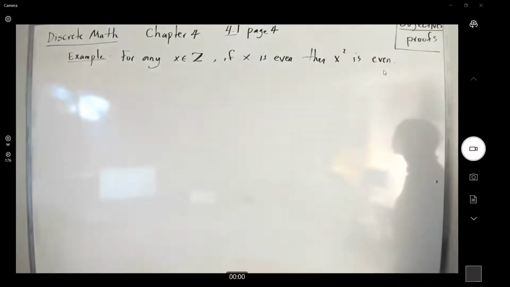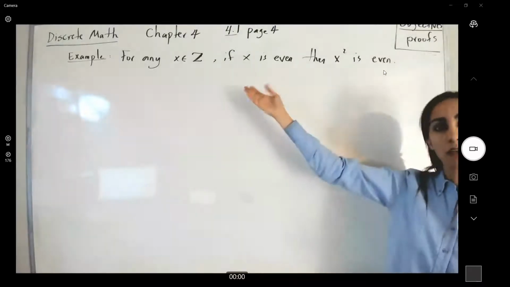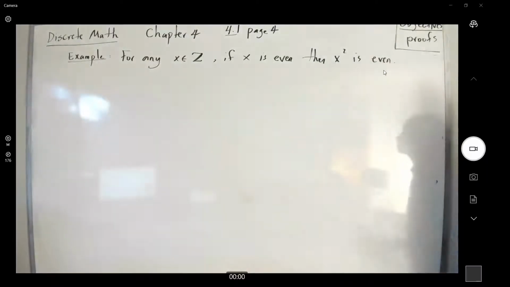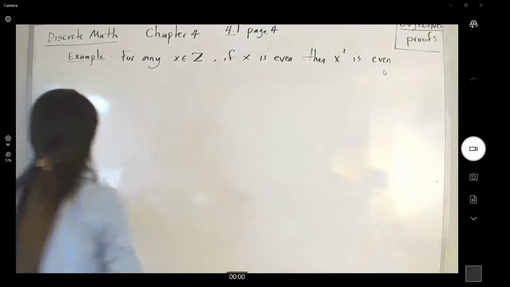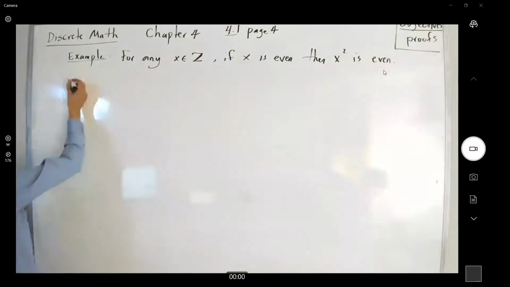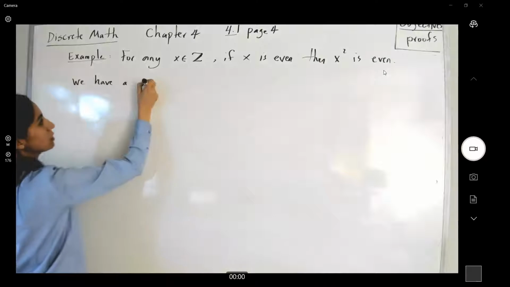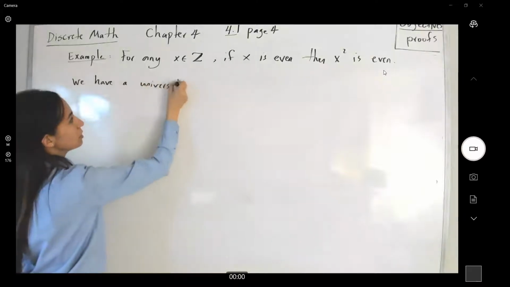Okay, perfect. So we have a universal statement, am I right? We have a hypothesis, and then we have a conclusion. Here you can say that we have a universal statement.